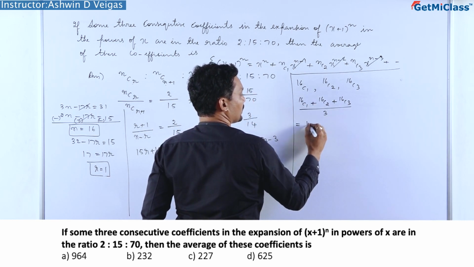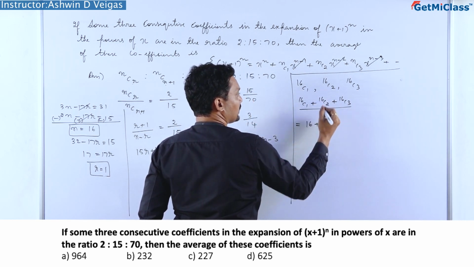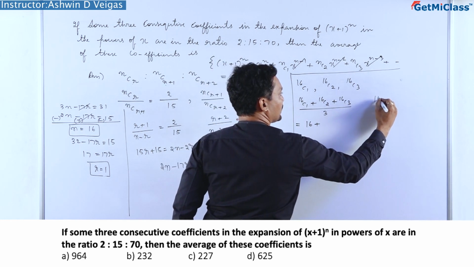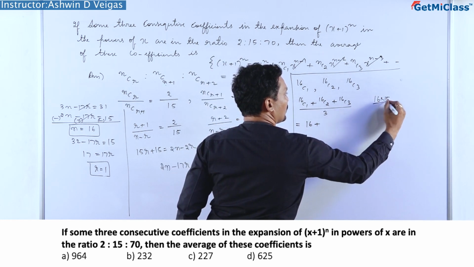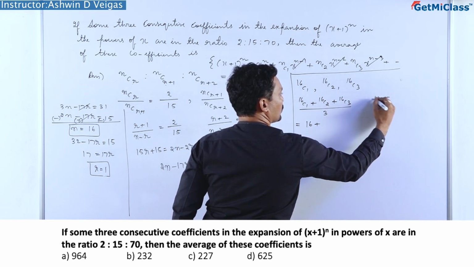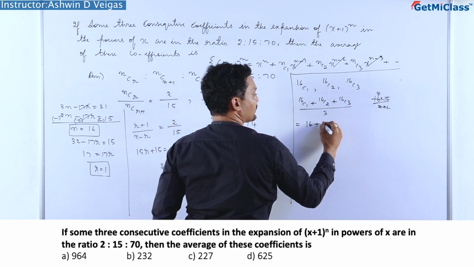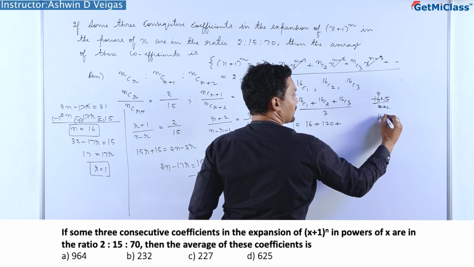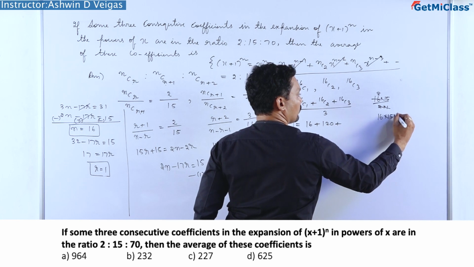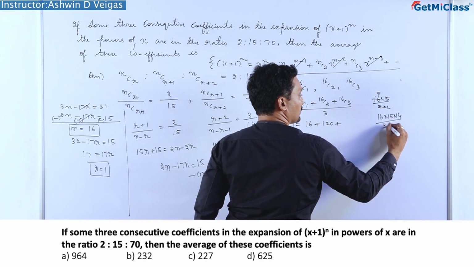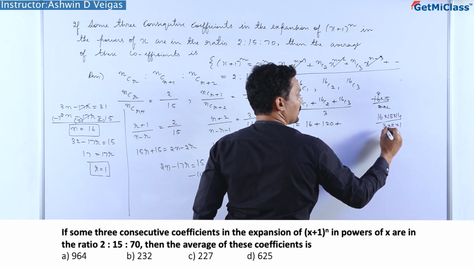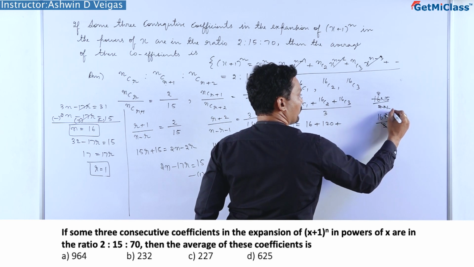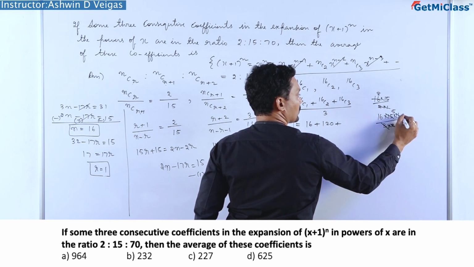Now, 16C1 is 16, 16C2 is 16 into 15 by 2 into 1. So, 2 goes 8 times, 15 8s are 120, plus 16C3 is 16 into 15 into 14 divided by 3 into 2 into 1. So, 3 goes 5 times, 2 goes 7 times.